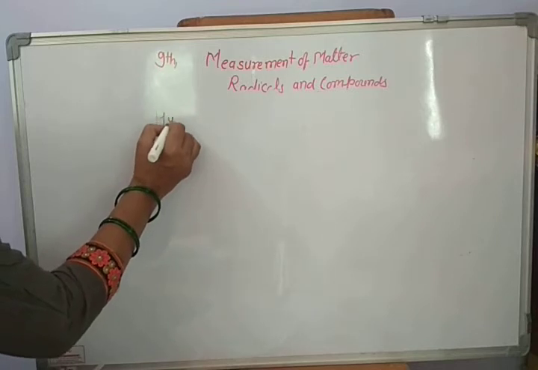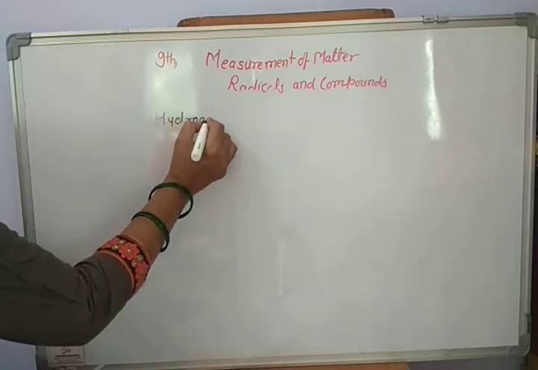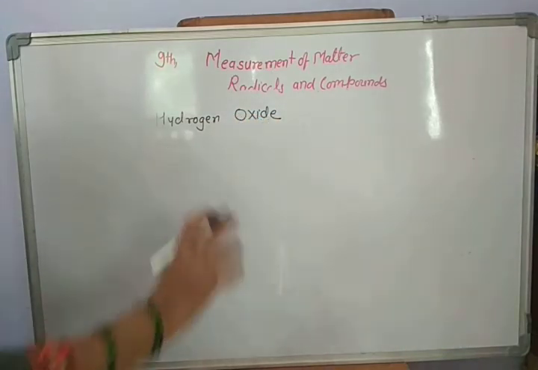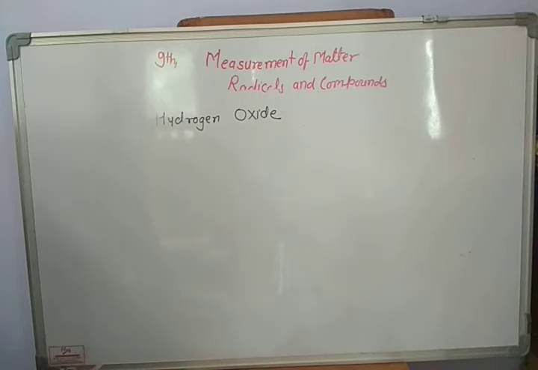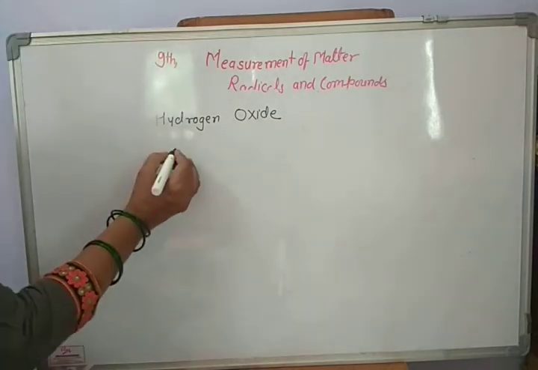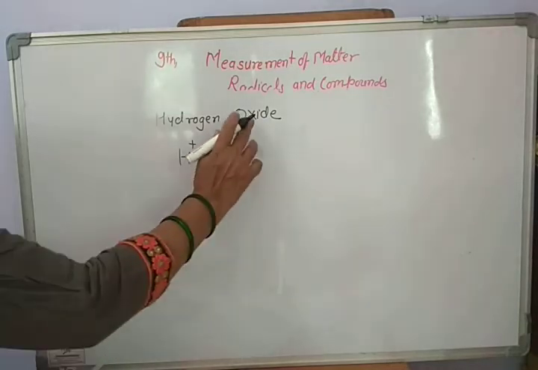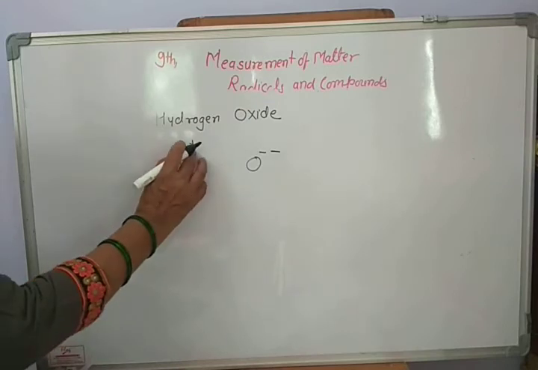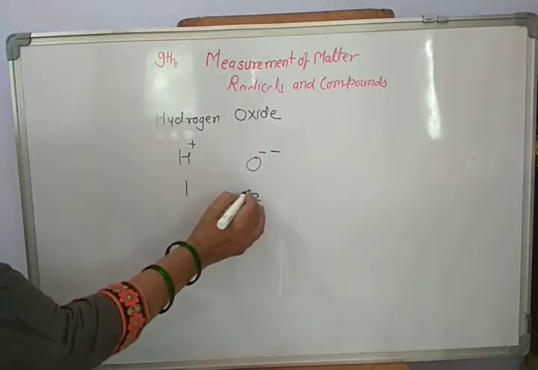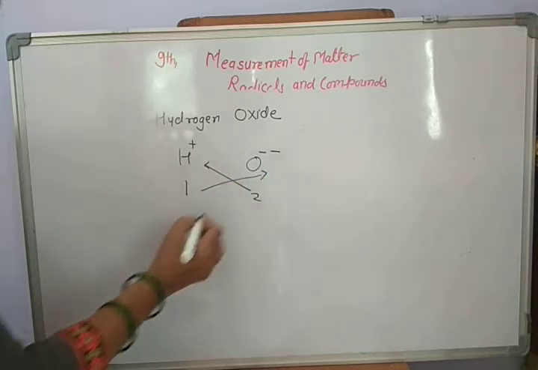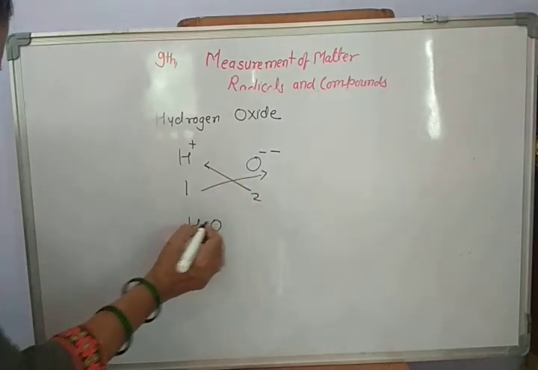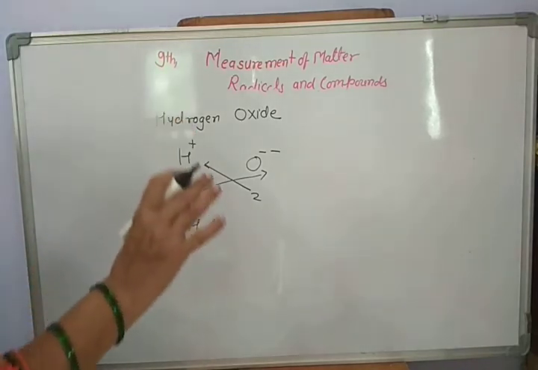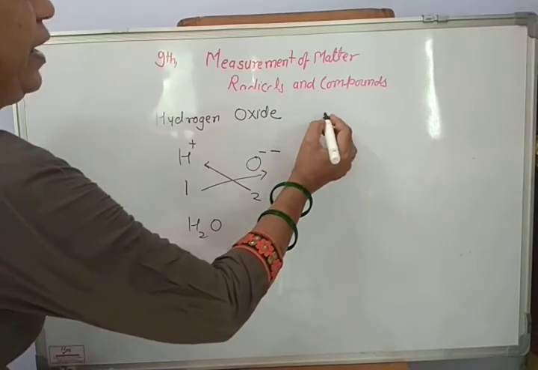It can be written as hydrogen oxide. Go to the table, find out the molecular formula of the radical. It is H plus. What is the molecular formula of oxide? It is O double minus. So here only one is there. Here two are there. This 2 is given here and this 1 is written here. That gives us H2O. Remember always, the positive radical is written on the left and the negative radical is written on the right.